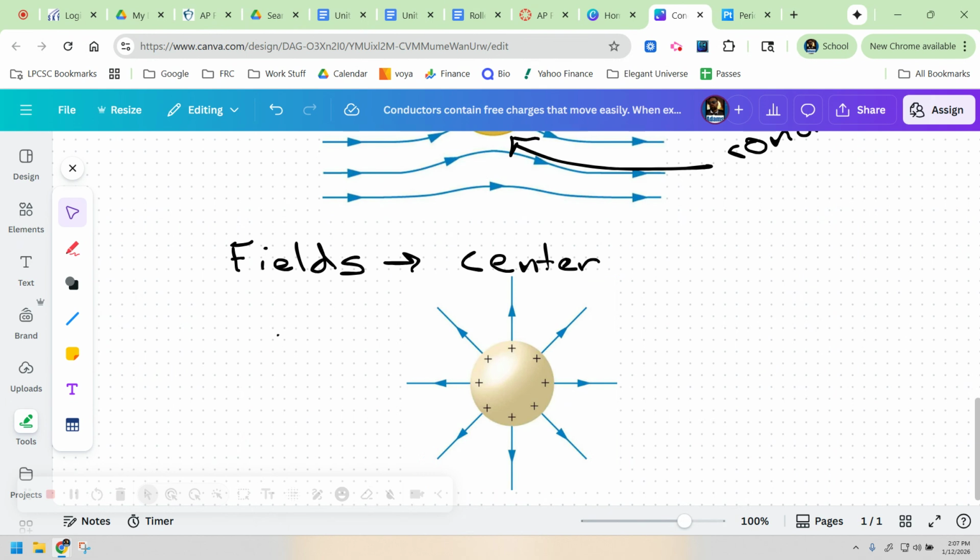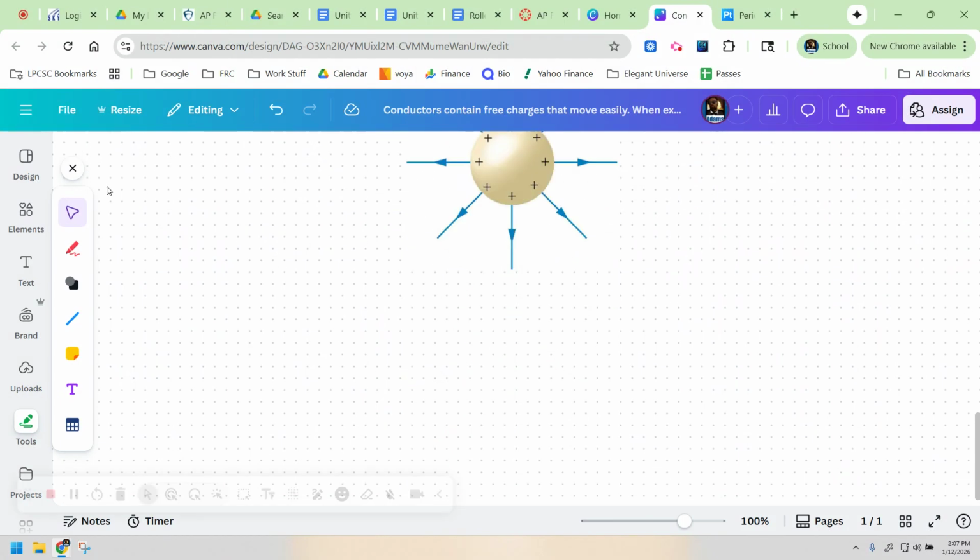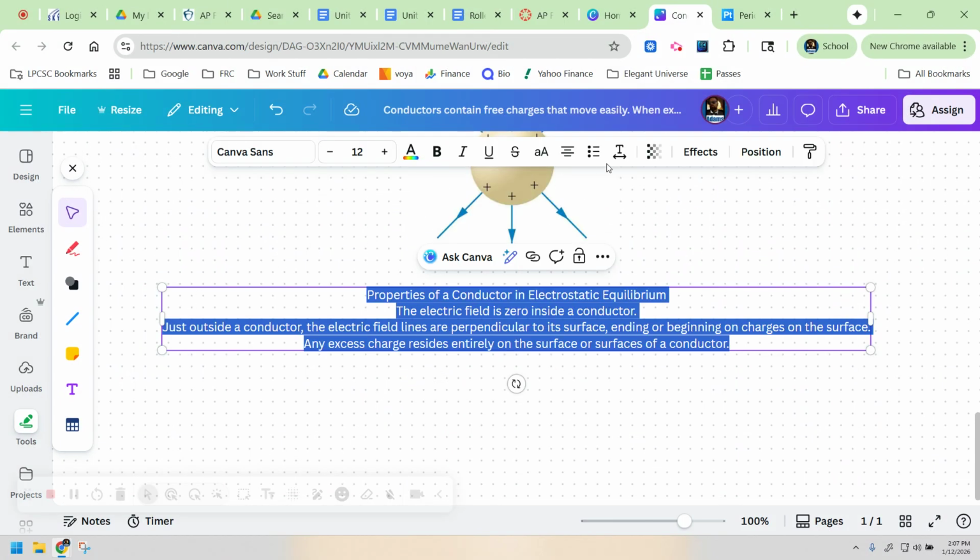So I'm going to write down some properties, and I want you guys to copy this down because this definition is important.